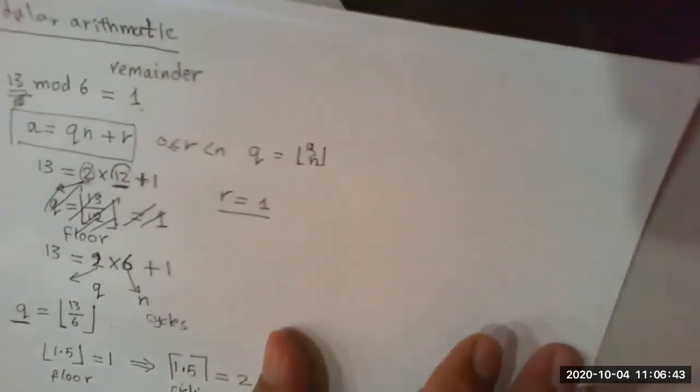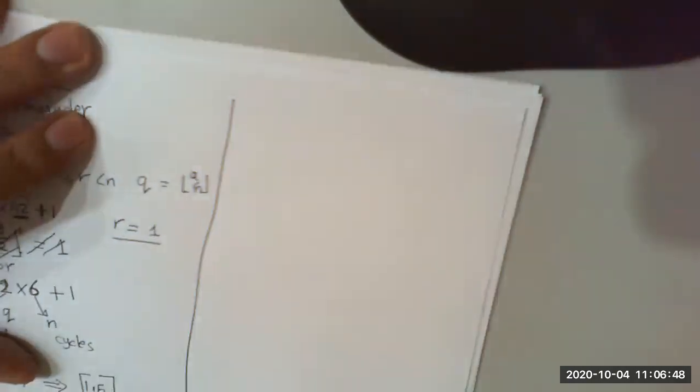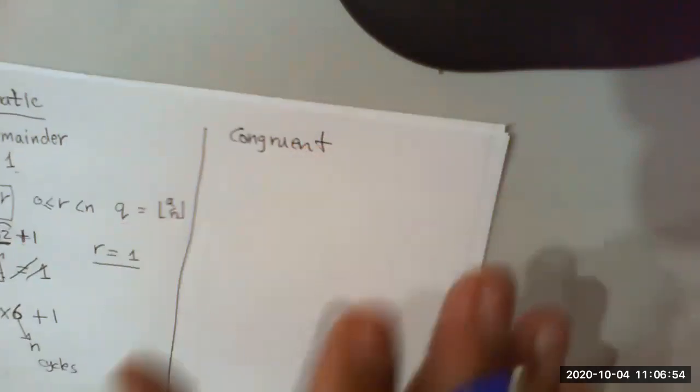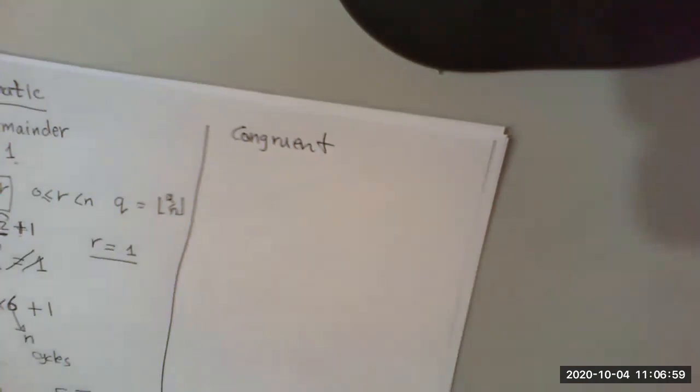Let us move to something else, called congruent. Is anybody in the waiting list? Nobody in the waiting room.